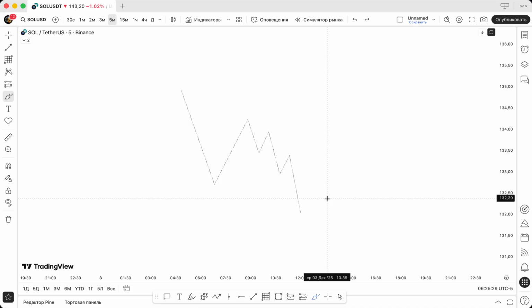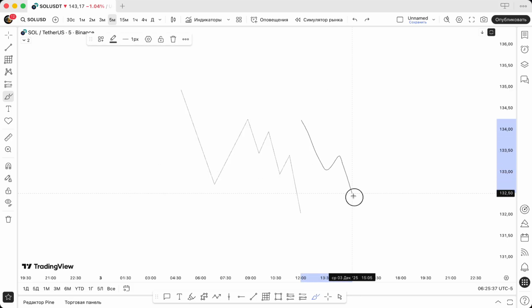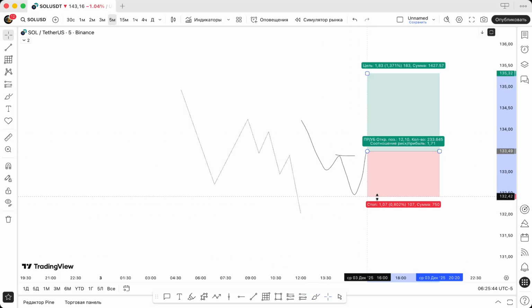Of course, IDM has a lot of roles, for example in the field of structure, but one of the main ones is just an inducement. It involves people in buying. Here people open long positions with stop losses below this minimum in this place.